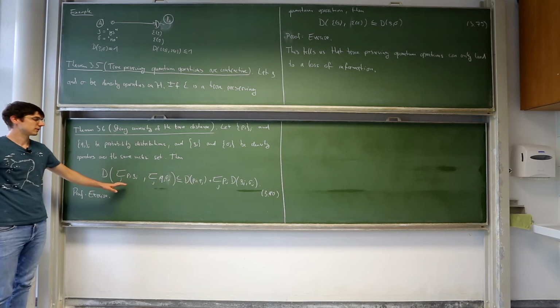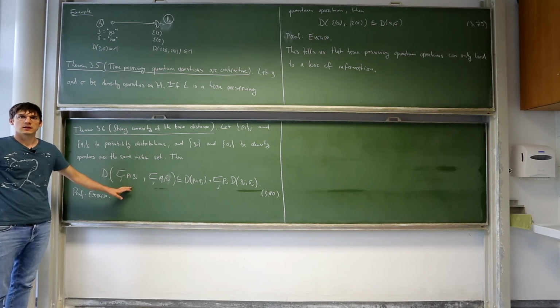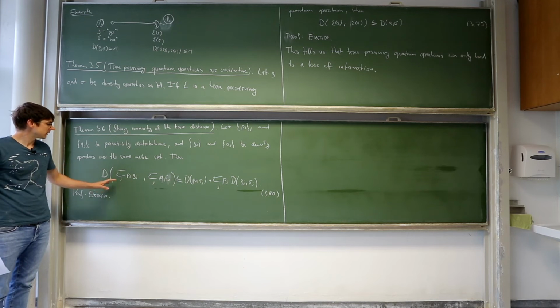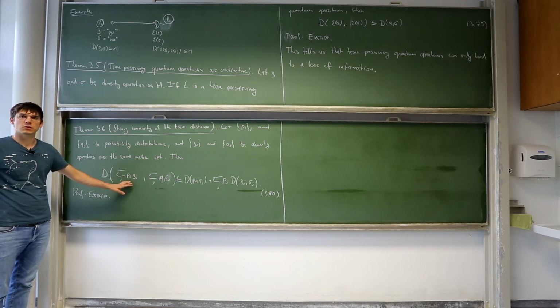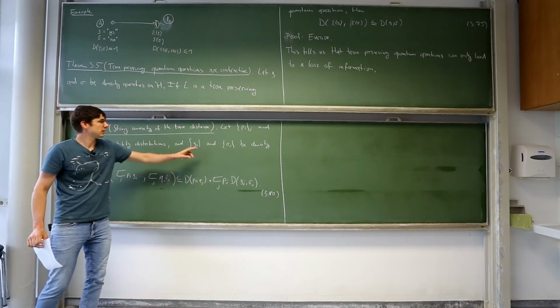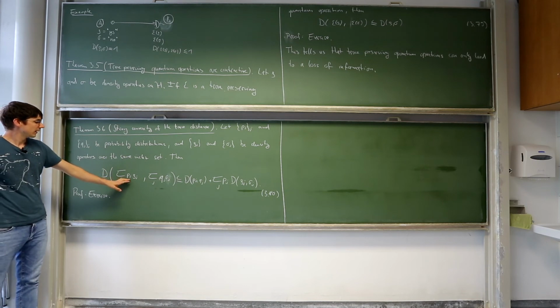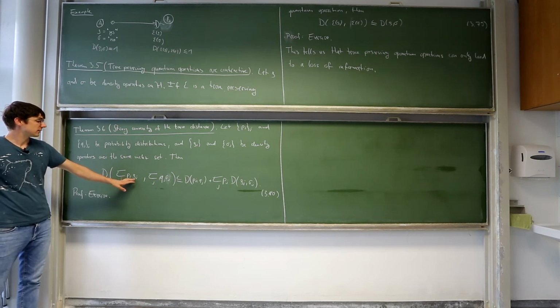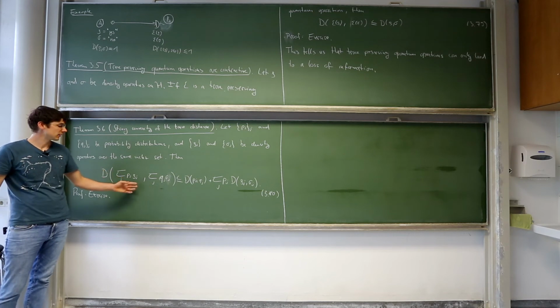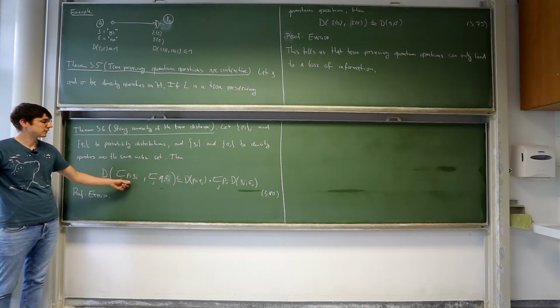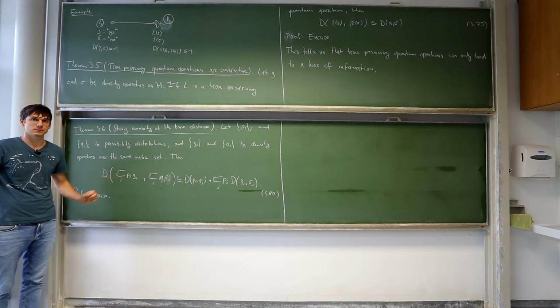And now it simply tells us a property of how the trace distance behaves if I have such ensembles of states, right? So we have, as I said, p_j and q_j are probability distributions. So I have an ensemble of some density operators here and here, and this tells us how the trace distance behaves if I have such an ensemble.